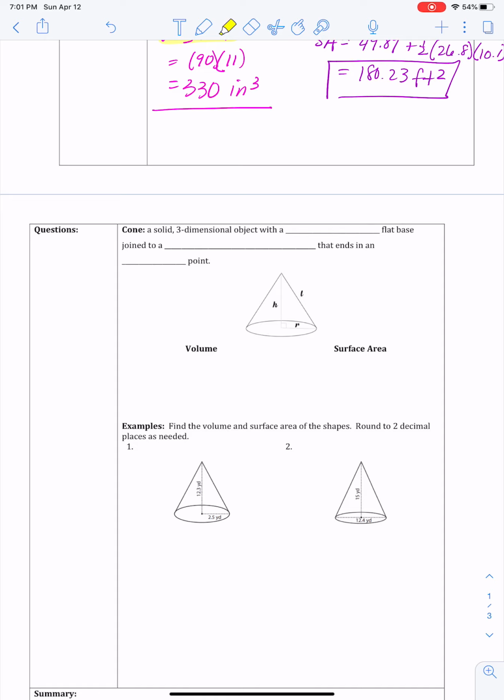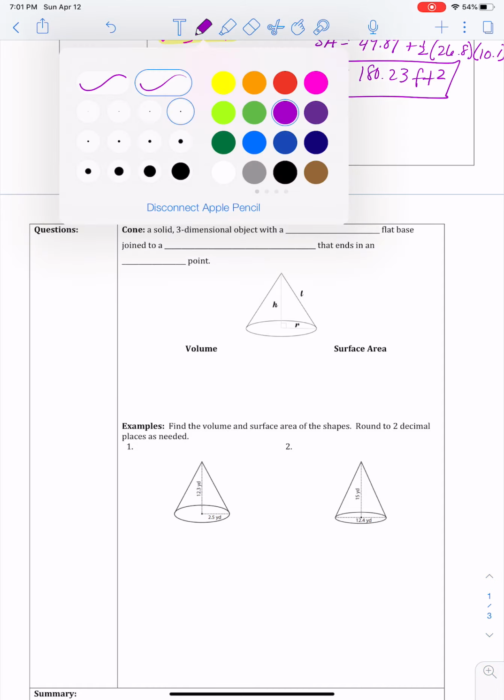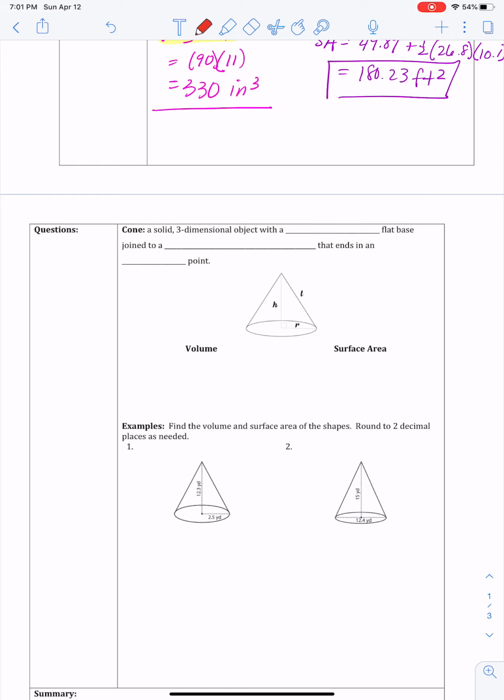All right, so now we've got a cone. And sometimes a cone takes a little bit more work. So we start with the definition of a cone: a three-dimensional solid object with a circular, flat base joined to a curved side that ends in an apex point. So this point up here is still called the apex.